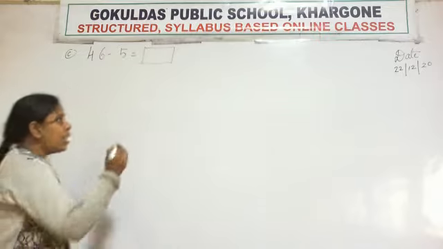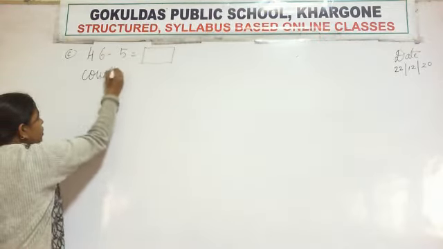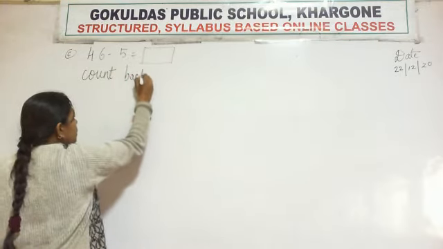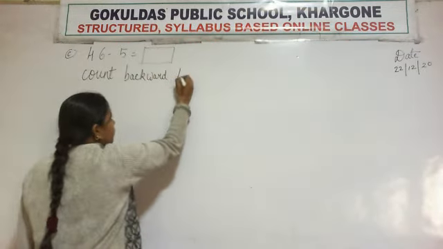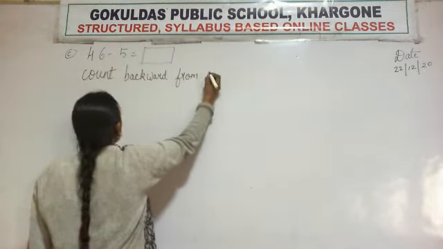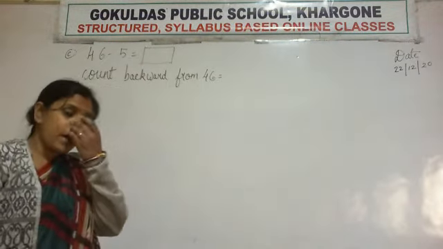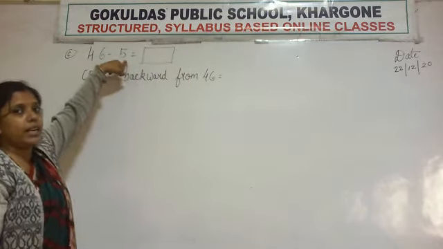So, write count backward from 46. So how many numbers do we have to count backward? That depends on this second number. The second number is 5.